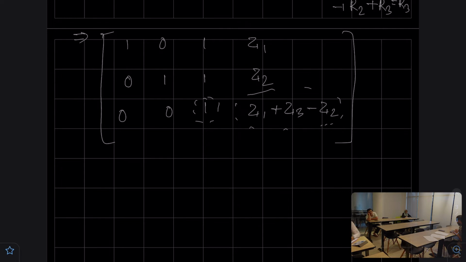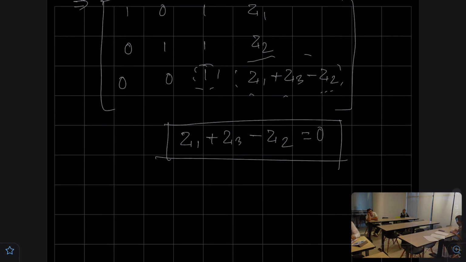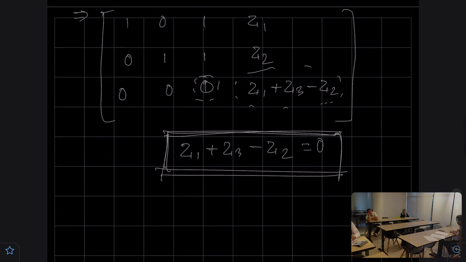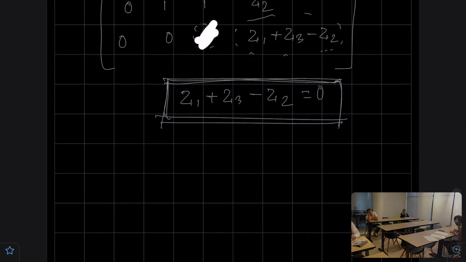If this is not 1 but simply 0, then Z1 plus Z3 minus Z2 is equal to 0 would have to be satisfied for the system to have a solution. But in here, this is not 0, this is 1. So there is no restriction, and there is a solution.